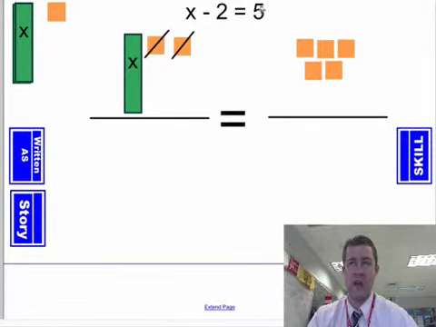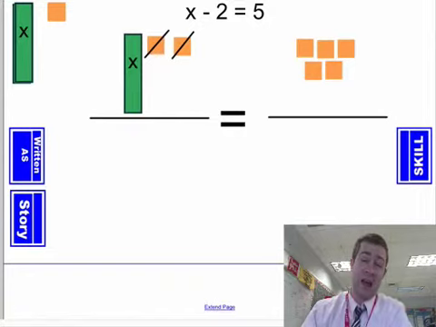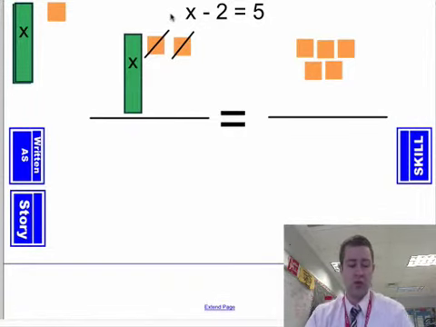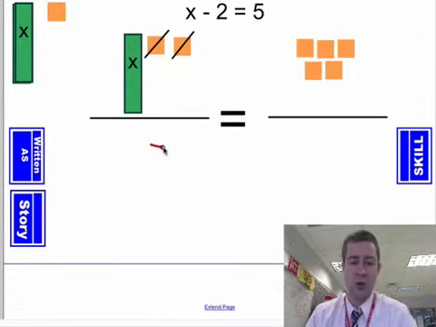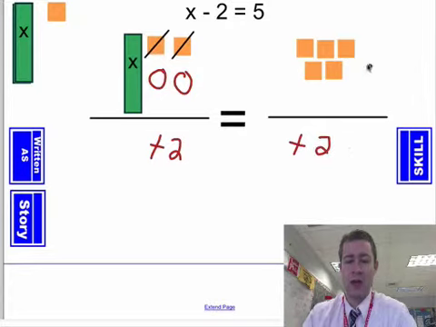I have x, and I took away 2 from that value. I'm left with 5. So, in order to figure out what x originally was, I need to undo that negative 2. And so that means I need to do the opposite. Instead of subtracting 2, I'm going to add 2. So I end up revoking that, and I get those 2 back. And so now if I did that here, I'm going to add 2 to this side.